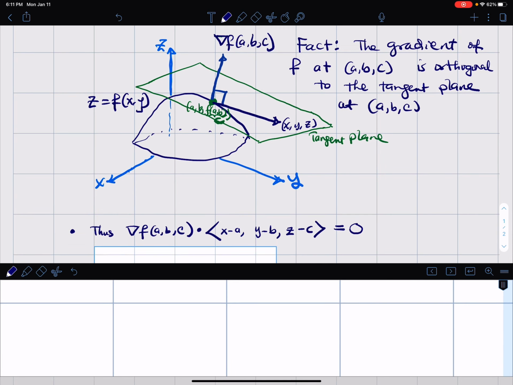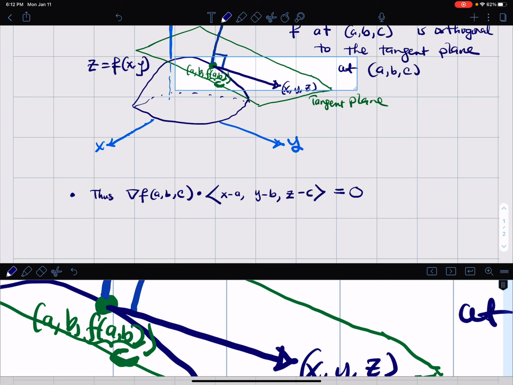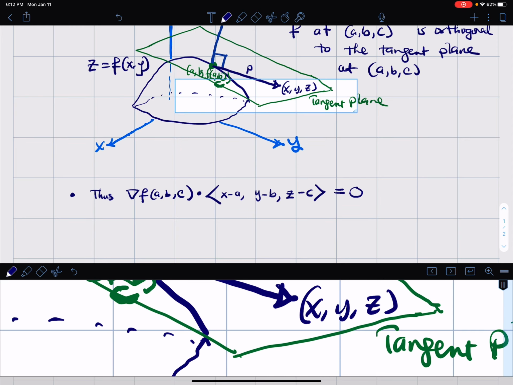The dot product of the gradient of f at (a, b, c) and the vector (x minus a, y minus b, z minus c) is equal to 0. So that vector, if you call it p, is just going to be (x minus a, y minus b, z minus c). This is equal to 0.